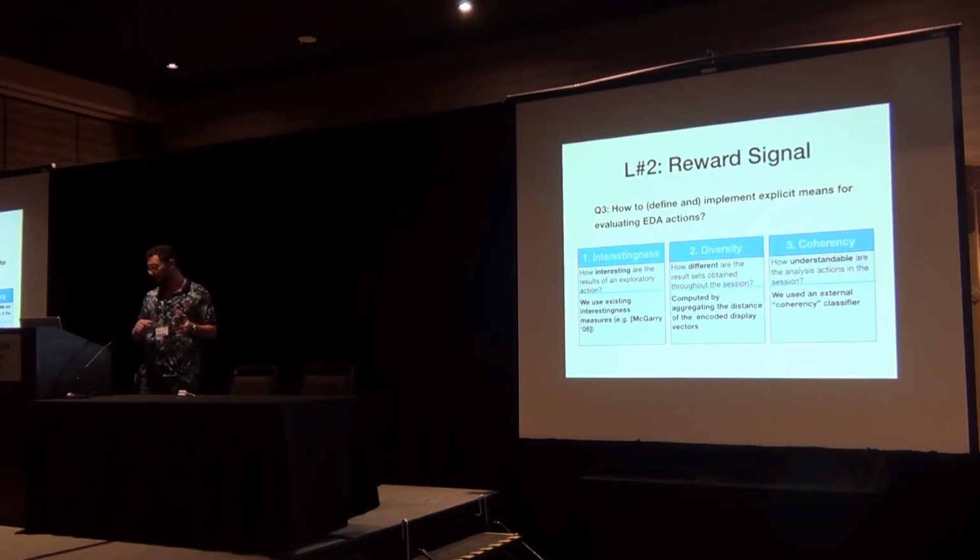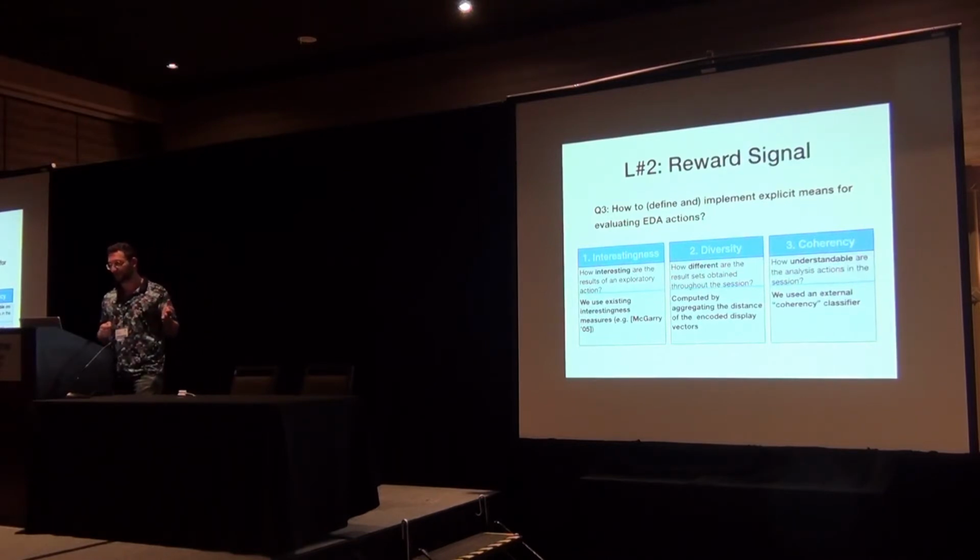And third, and most importantly, the actions that the agent makes should be coherent and understandable to humans, because some user should be at the end of this process to watch the exploratory sessions, and hopefully to gain insights quicker for the data set. So someone needs to look at the agent's actions and understand what they do.